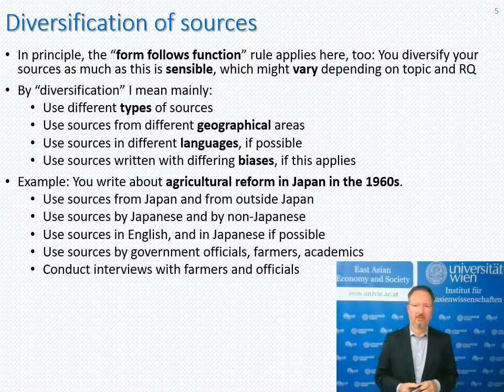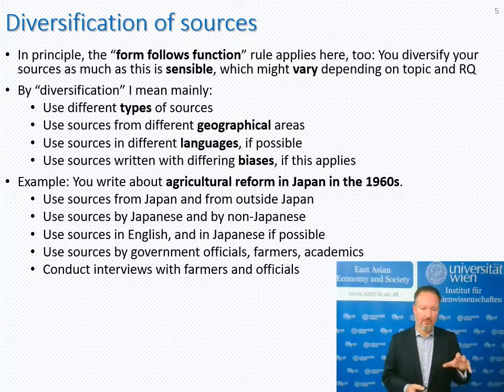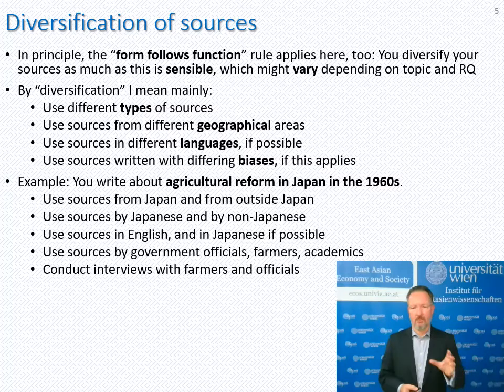This is based on the assumption that where you are based as a scholar or as an author somehow influences your view. I understand that this perspective can be challenged, but nevertheless, for someone who is reading your publication, it will make a better impression if they see that you have tried to diversify your sources also according to place of origin.